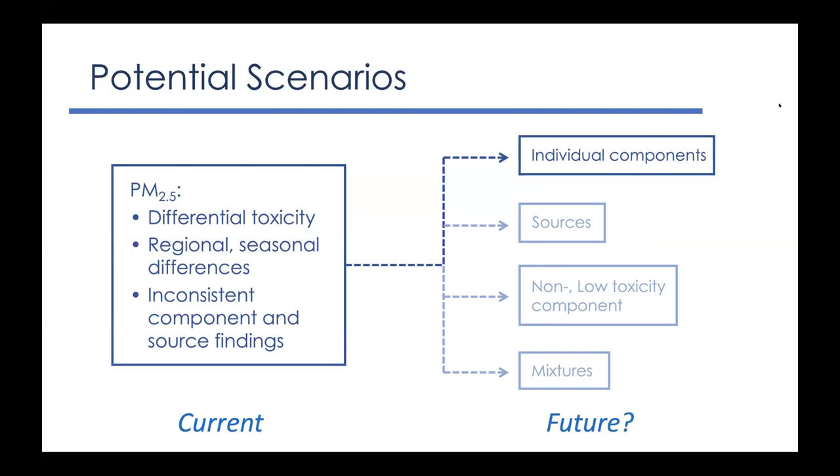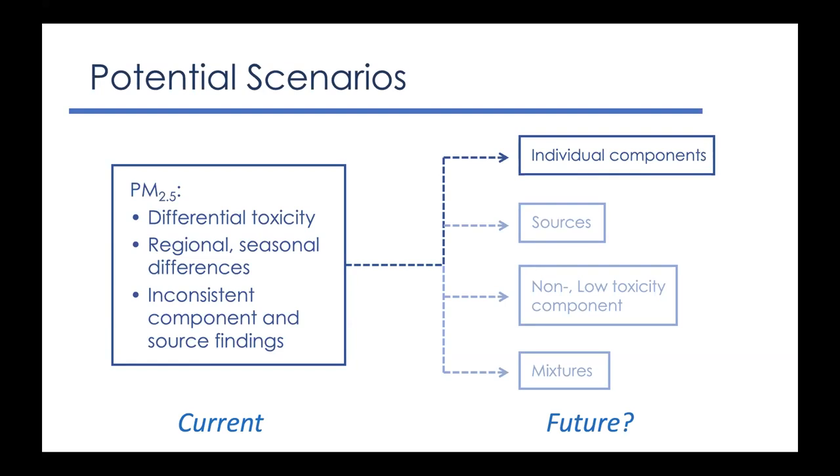So to help address this question of the single components, there have been several advancements that have been made over time. Most recently, these have to do with issues related to measurements, where there's a number of PM components that are now measured regularly at the PM speciation sites, or that can be estimated using satellite measures. And from both these satellite measures and the monitoring networks, we've been able to develop a series of spatial temporal models to estimate concentrations of the various PM components at specific locations across the US, Europe, and other areas.